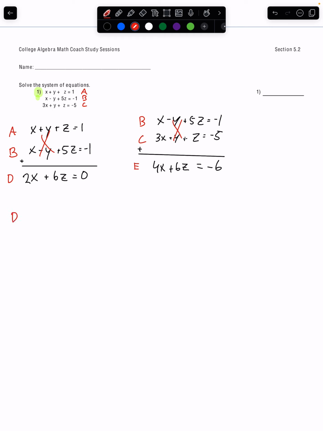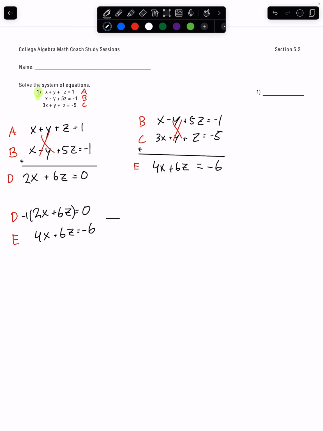And then we're going to want to take D and E and eliminate the variable z. If we try and add these, we won't be able to eliminate z. So what I'm going to do is this top equation, I'm going to multiply it by -1.